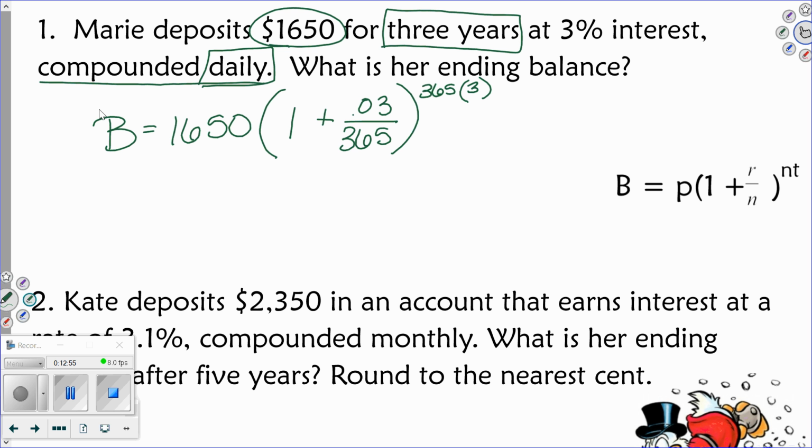So 1650, parenthesis, 1 plus, do you guys know where the fraction button is on these? If you hit the green alpha button, and then hit y equals, it's literally 2 buttons above that, and then hit enter.